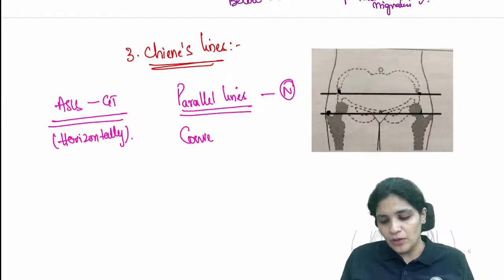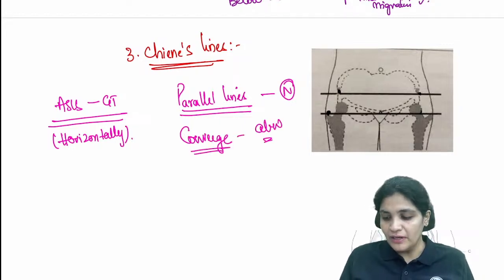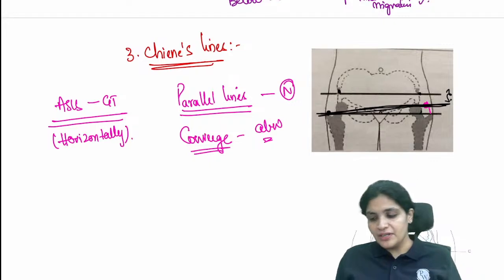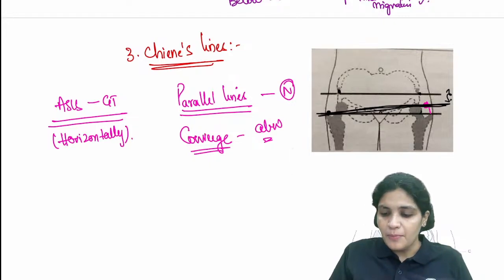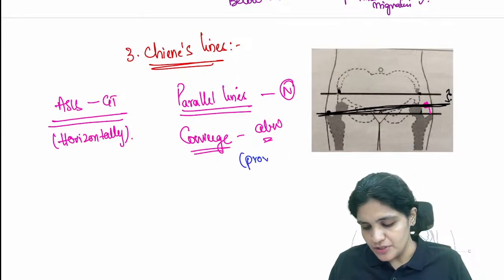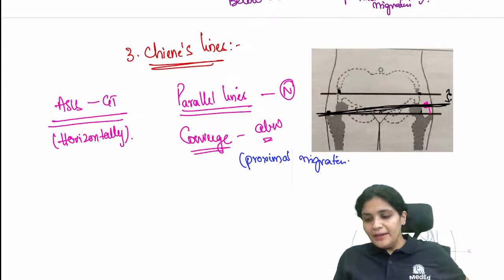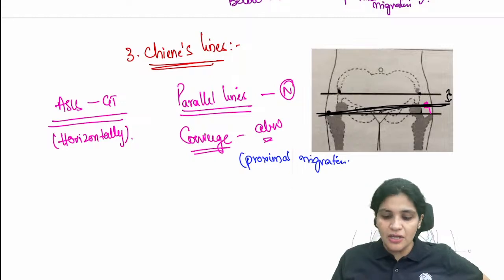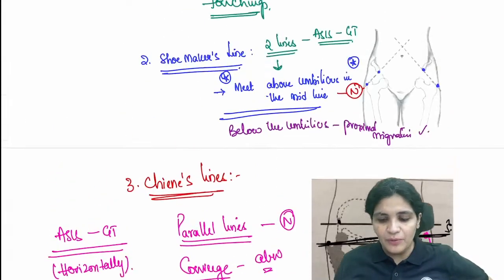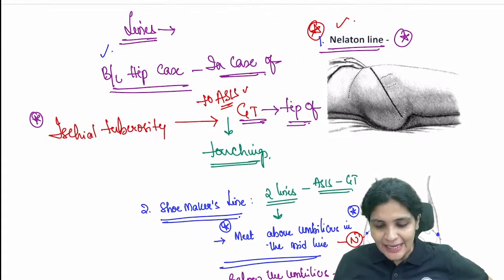When they converge, it is abnormal. Whenever the GT is proximally migrated, the line will go like this, so now they are converging. If it is converging, again there is proximal migration of the GT. So this is your Chiene's line. So we are done with Nelaton's line, Shoemaker's line, and Chiene's line.